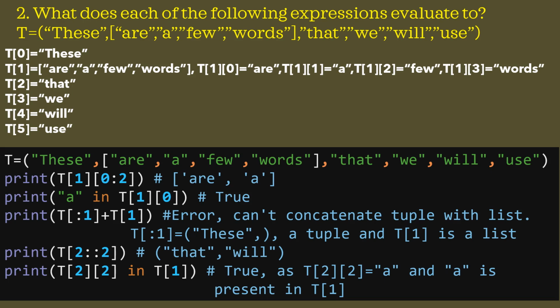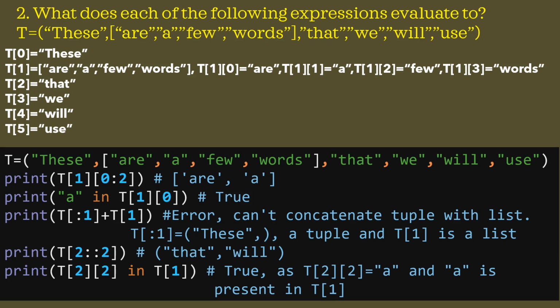Now we have to do some slicing. First is print T of 1, 0 to 2. So we first have to see what is present in T of 1. T of 1 means the value present at index number 1, and that is a list. The value at index number 0 is "these", and the value at index number 1 is a list containing the values "are" and "few words".